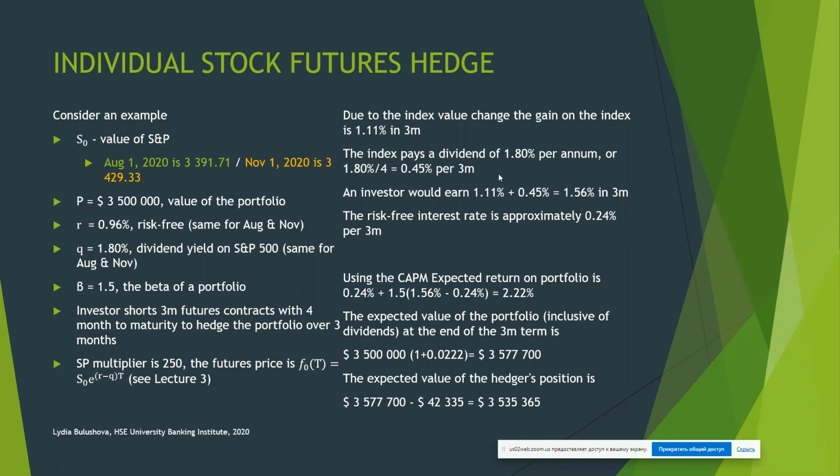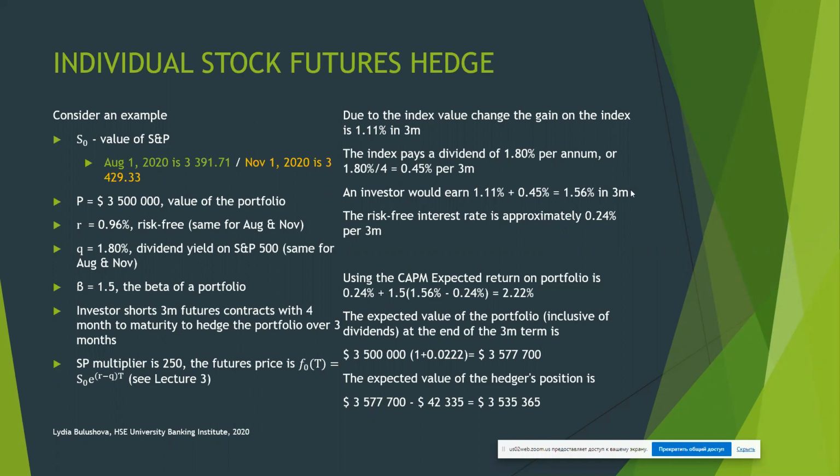That's yearly, and we have 3 months, so we have to divide this yearly rate by 3. The index value changed, so we receive this 1.11 because look, it was 3,391, and now it's 3,425. This is 1.11%. That's the price change.